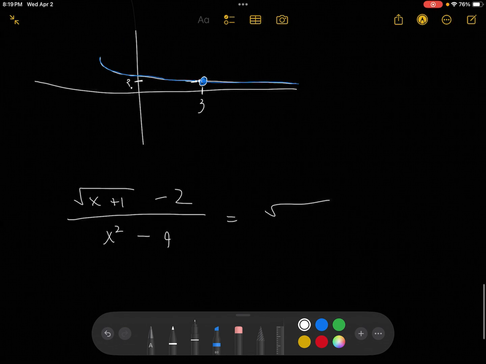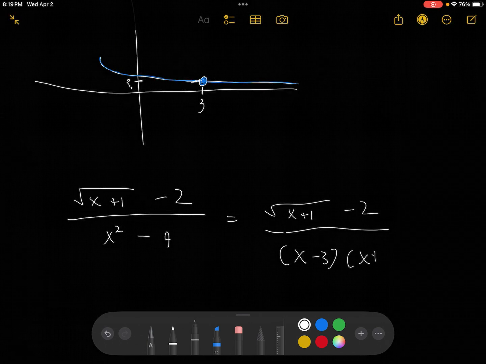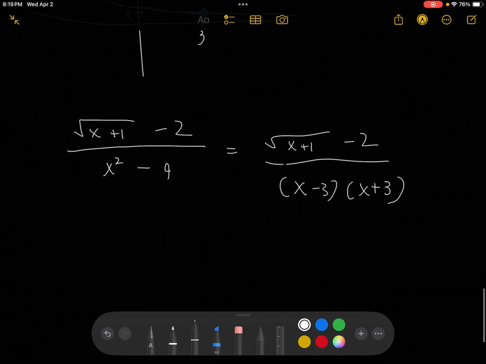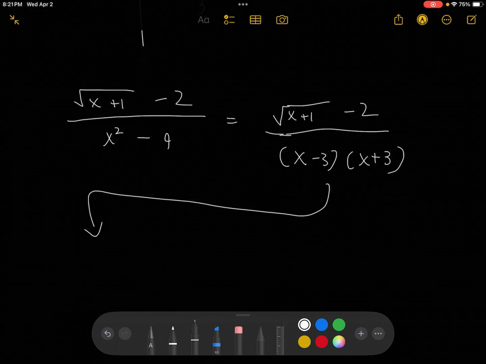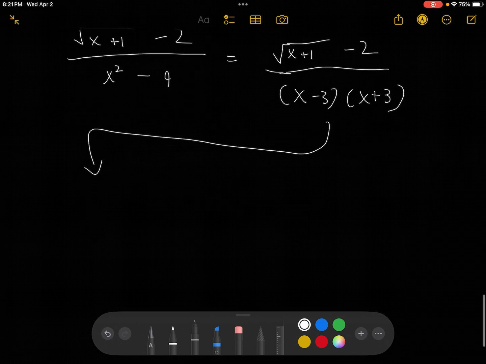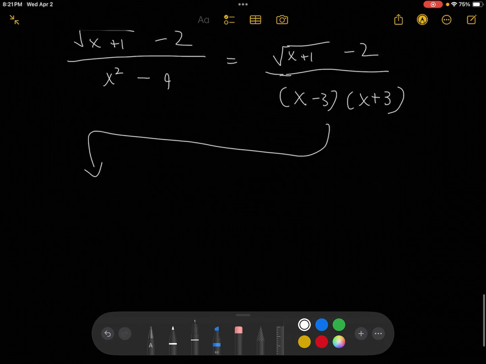And the first thing I notice is that the denominator can be factored. However, simplifying the numerator is a bit more complicated. So there's a trick that you kind of need to memorize, which is that whenever you're working with square roots, oftentimes the best way to simplify them is to multiply and divide by what's called the conjugate.